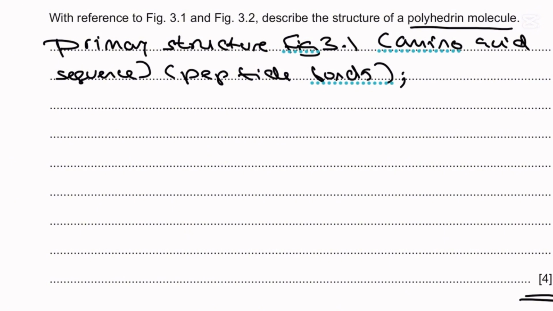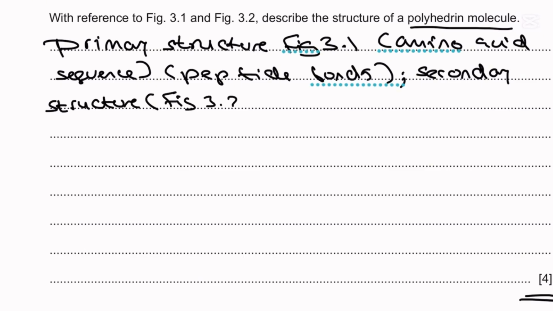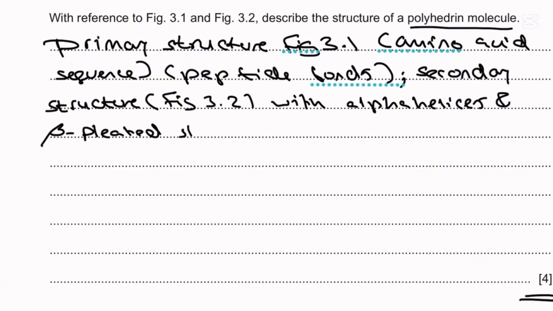There's also a secondary structure, in figure 3.2, with alpha helices and beta pleated sheets. What kinds of bonds stabilize them? Stabilized by hydrogen bonds, a whole bunch of hydrogen bonds.